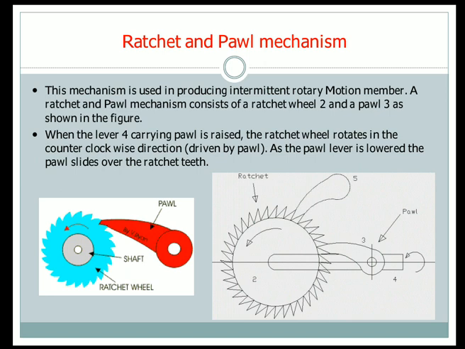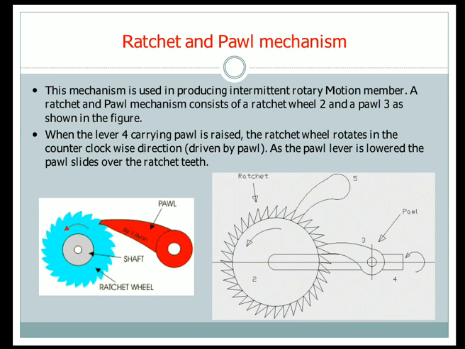The ratchet is shown as link 2 and the pawl is shown as link 3, and a center lever is fixed to the ratchet wheel at the center, and the pawl is also fixed as shown in figure. It is represented by link 4, and there is another pawl called link 5. It is also shown in figure.